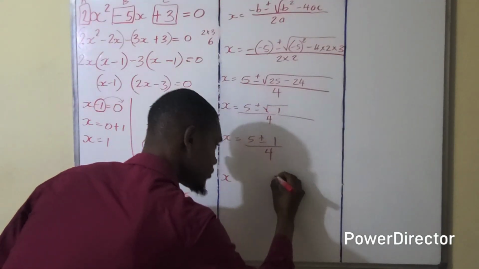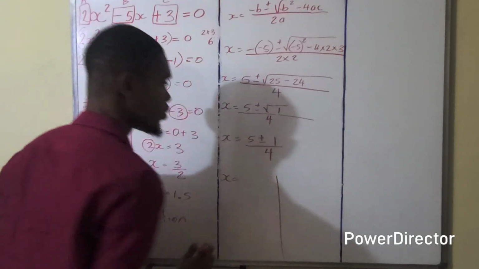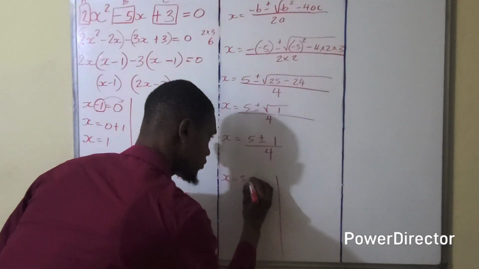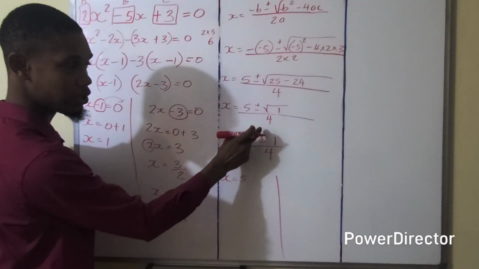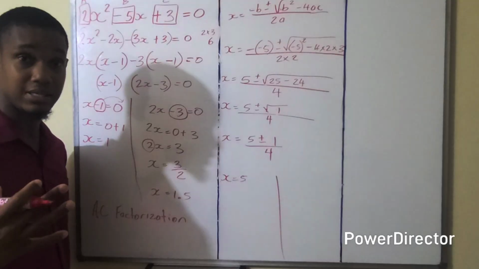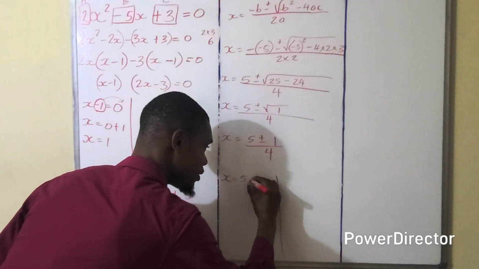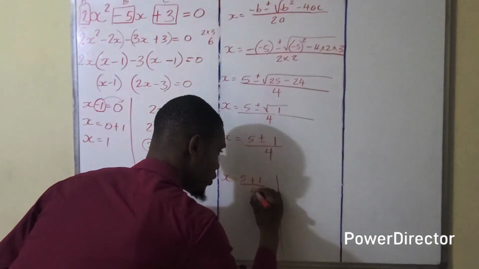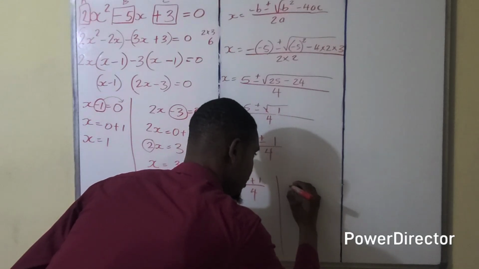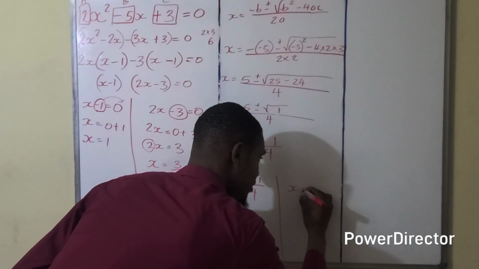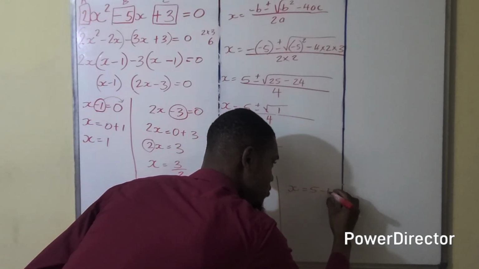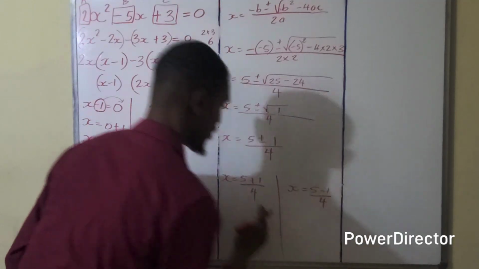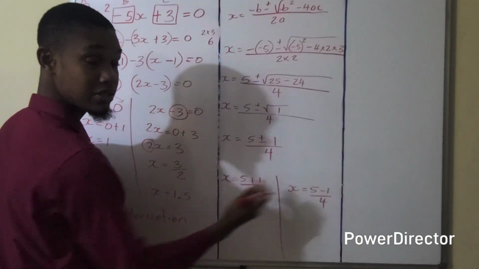So x equals 5. Because you realize it's always plus or minus, it means you have to separate the signs now. So on this side, I'll take the plus. So plus 1 over 4. And on this side, I'll put x equals 5 minus 1 over 4. So you see, the plus is on this side, the minus is on that side.